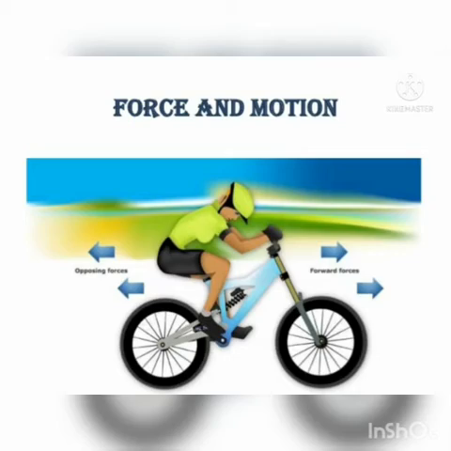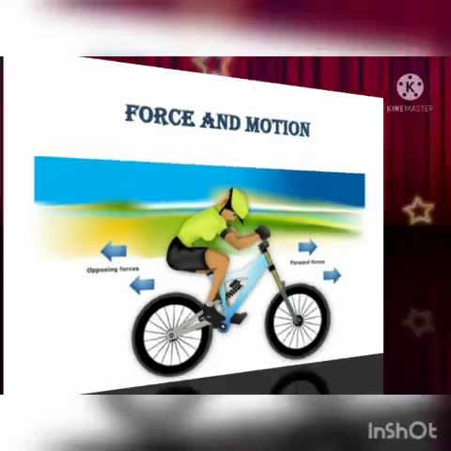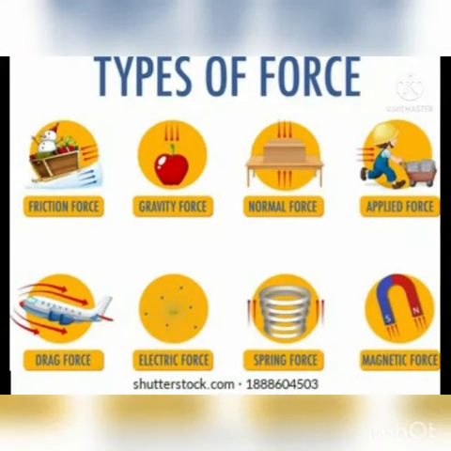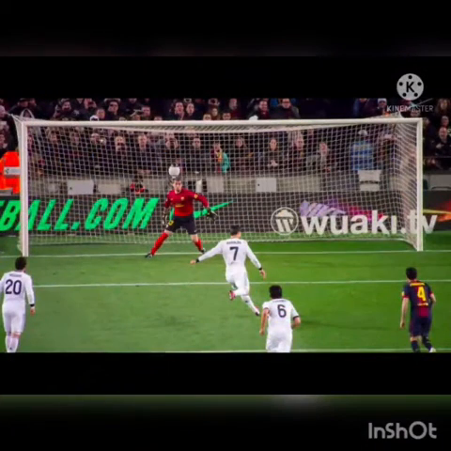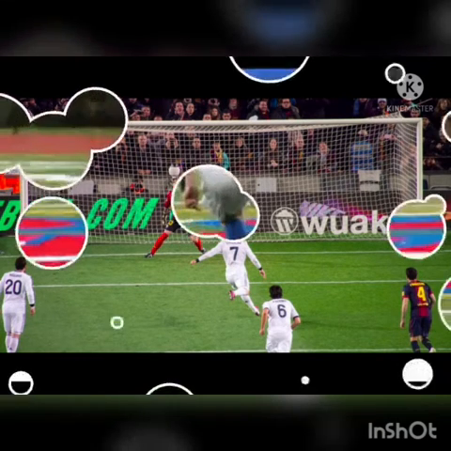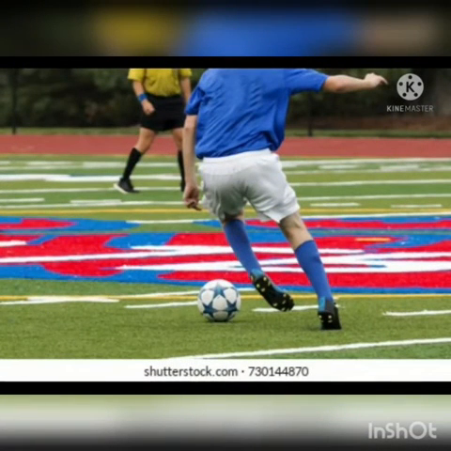Now let's see what happens when a force acts on an object. The first one is that a force can change the state of motion. For example, while taking a penalty kick in football, the player applies a force on the ball. Before being hit, the ball was at rest, so its speed was 0.